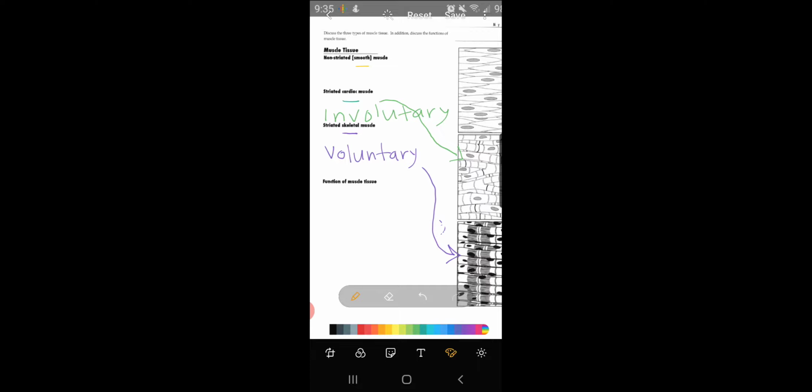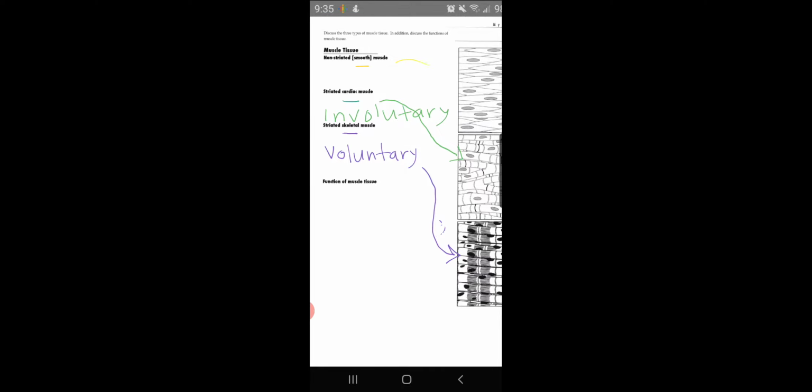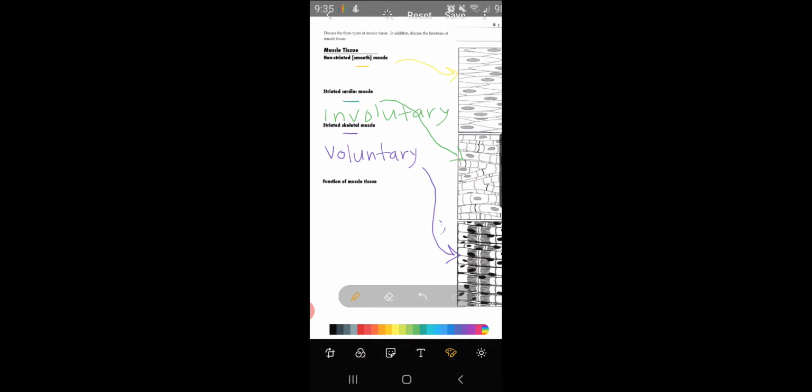Okay, let's see here. Then the non-striated smooth muscle. This muscle here has short spindle-shaped cells. It lacks the same structure that we're talking about in your other muscles. But these muscles, they're involuntary.